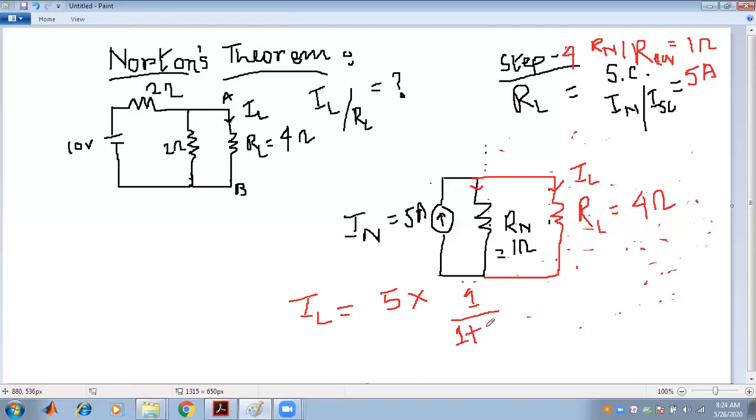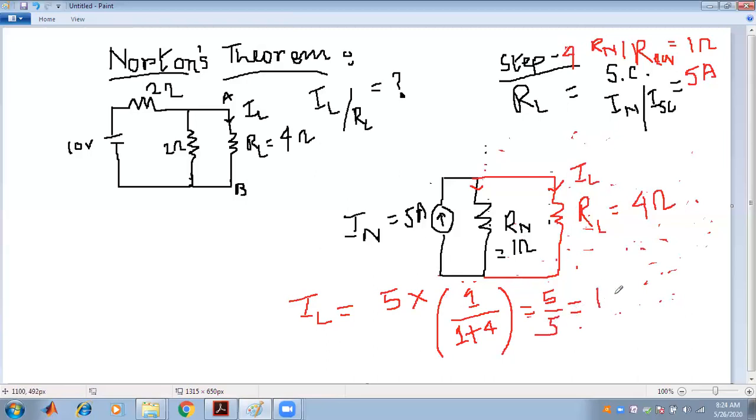Total current multiplied by the value of the resistance opposite to the RL in the parallel connection, that is RN, 1 ohm, followed by the summation of the two resistances: 5 by 5 equals 1 ampere.